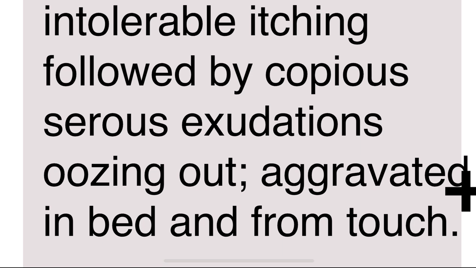I told you there will be violence in Mezereum. The itching is violent, the pain is very violent, and the copious serous exudate is oozing out in cases of eczema. The complaints are aggravated in bed and from the slightest touch.